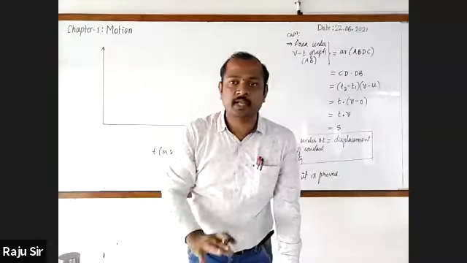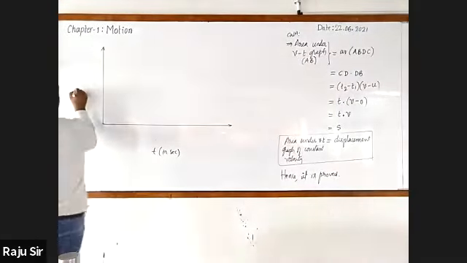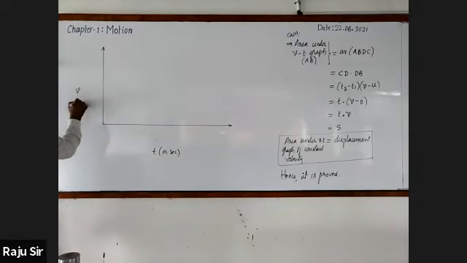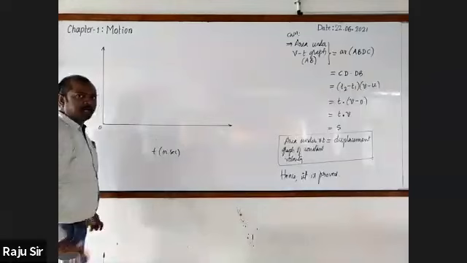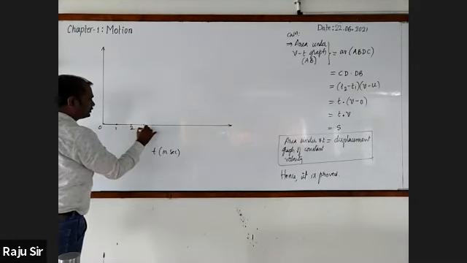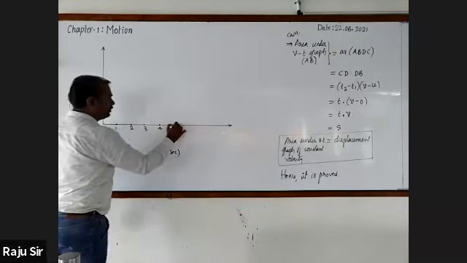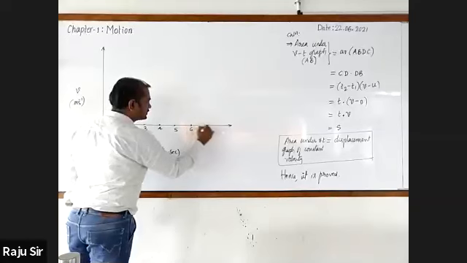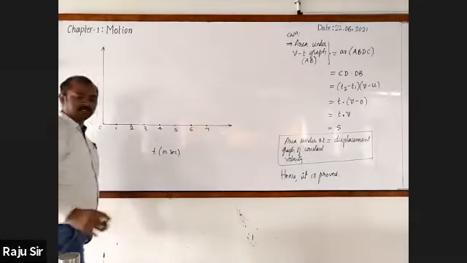For now we have discussed the VT graph, hence I'll take velocity in meter per second. And along the time axis, I'll take the time like this: 1 second, 2 seconds, 3 seconds, 4, 5, 6, 7 seconds.